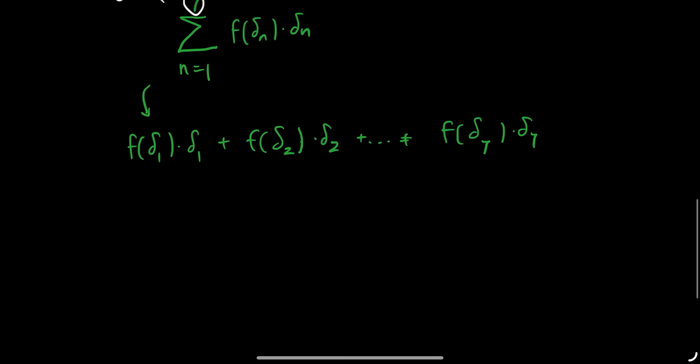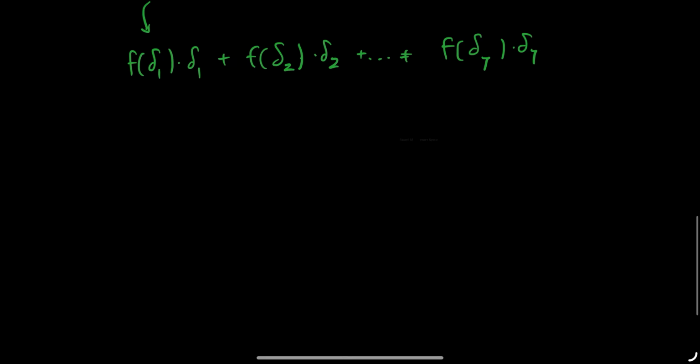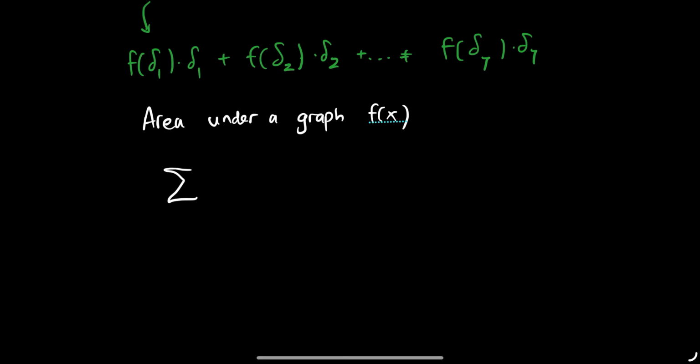So formally, what we can say is that the area under a graph f(x) just happens to be the sum of n equal to 1 to infinity of f of delta n times delta n.